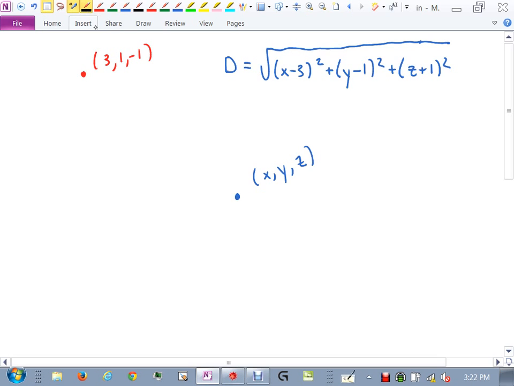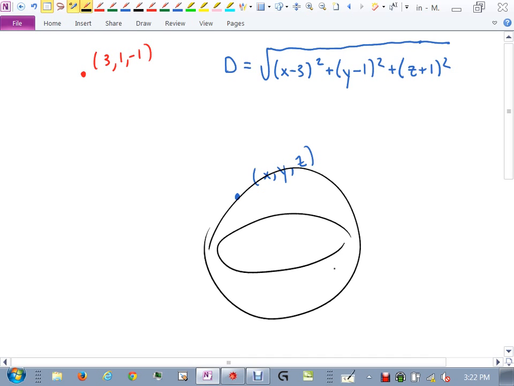But now here comes your constraint. Your point must live on a sphere. So the x, y, and z have to now be constrained to this equation: x squared plus y squared plus z squared must equal what? 4.